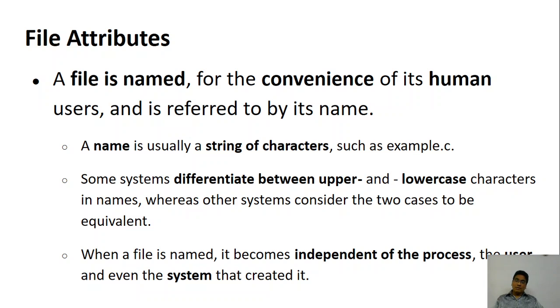The name of the file is nothing but a string of characters. The characters could be alphanumeric also. Most operating systems allow some special characters to be used, but not all of them. Some special characters are reserved, like the greater than symbol, the less than symbol, or the pipe symbol.